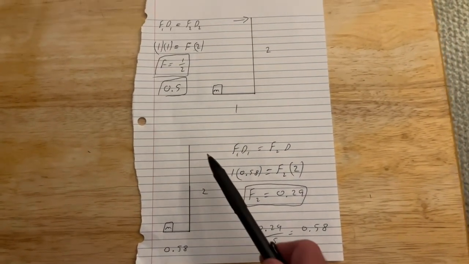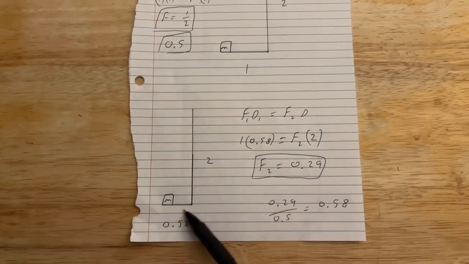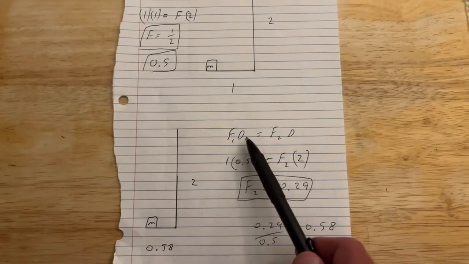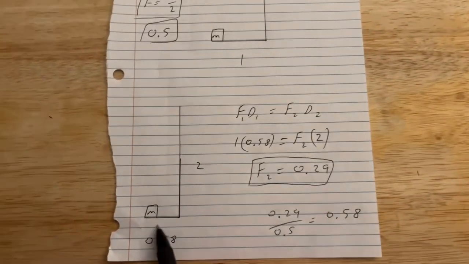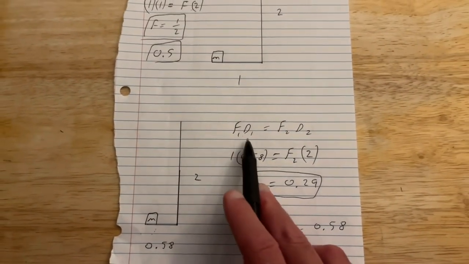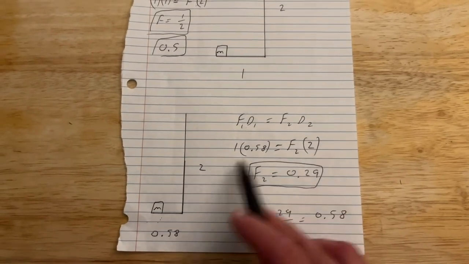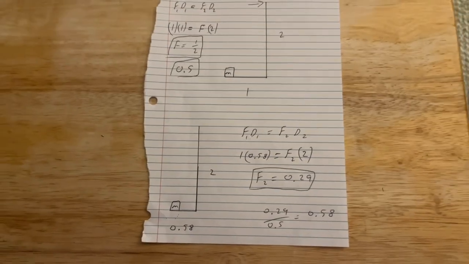Now for the three-legged stool, we have 2 to 0.58. The mass on this end of the lever is only 0.58 units away. Force 1 times distance 1 equals force 2 times distance 2. The force again will be 1, but the distance is only 0.58, equals force 2 times distance 2, which is 2. That means force 2 equals 0.29.